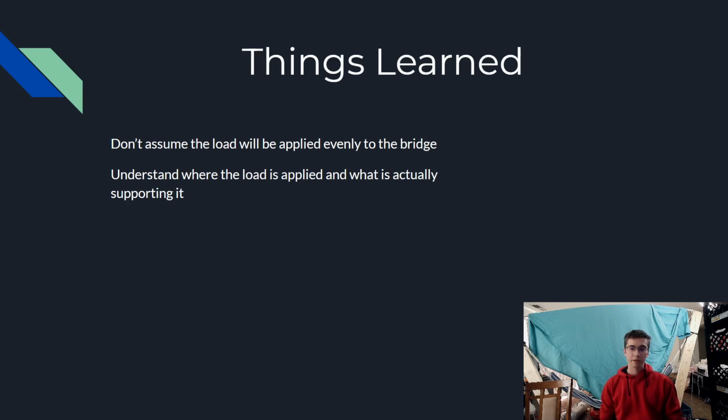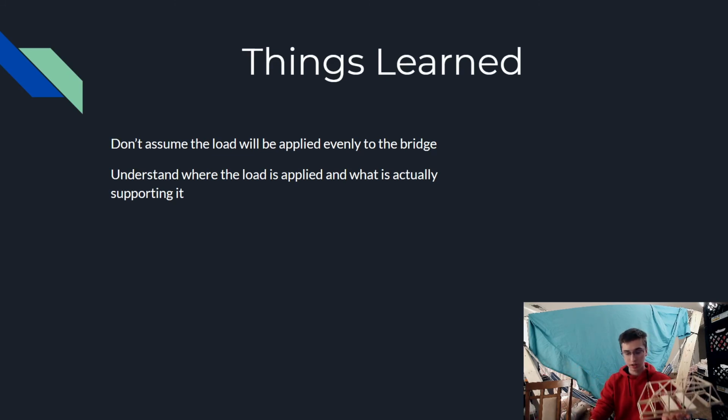So, things that I've learned from this. Do not assume that the load will be applied evenly. In the first bridge design, it failed at its weakest points, which were just 4 cross members as well as 1 single side member. I didn't realize that I wasn't actually using the sides of the bridge in that example.